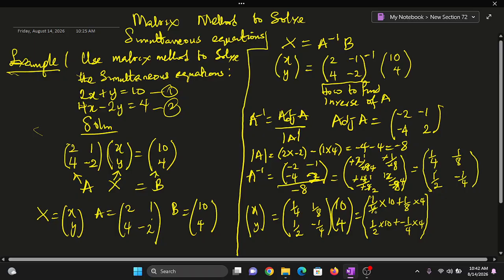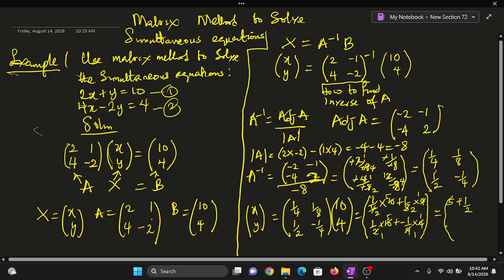So 2 here 2, 2 here 5, 4 here 1, 4 here 2, 2 here 1, 2 here 5, 4 here 1, 4 here 1. Now if you look at it, at the top here you have 5 and then plus 2 plus 1 over 2.